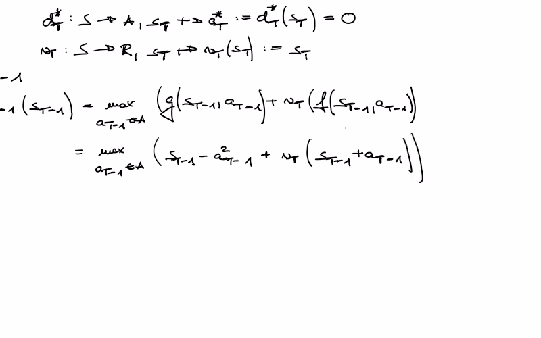Now we have to think a little bit about whether this makes sense, and yes, it makes sense. So think about the transition function. It takes in a state and an action and returns a state. The state that it returns is of course S_{t+1}, which is of course S_t.